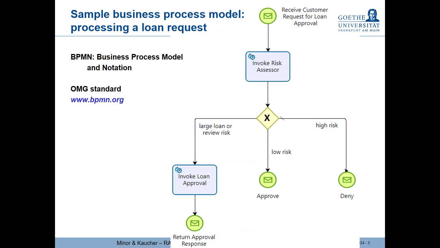The first step of this process is that a risk assessor service is invoked that assesses the risk of this loan approval, and depending on the outcome, it decides either that the risk needs more review, that is the left-hand branch, where another loan approval is invoked that considers the loan approval in more detail, or in case of a low risk, it is directly approved, or in case of a high risk, the loan approval is denied.